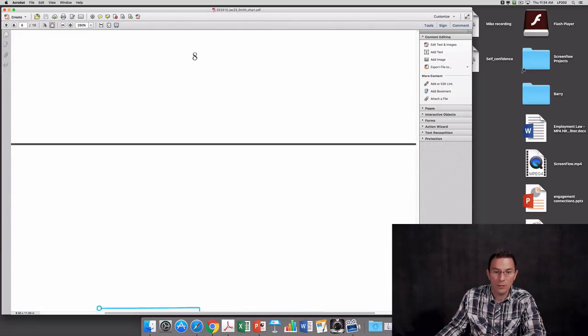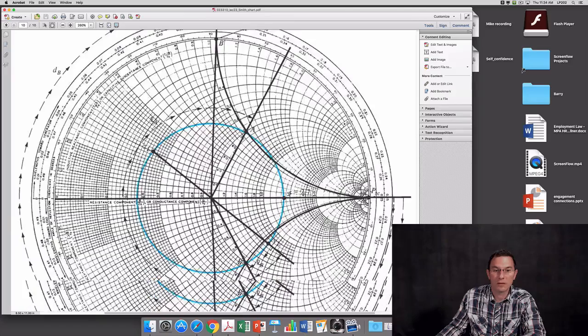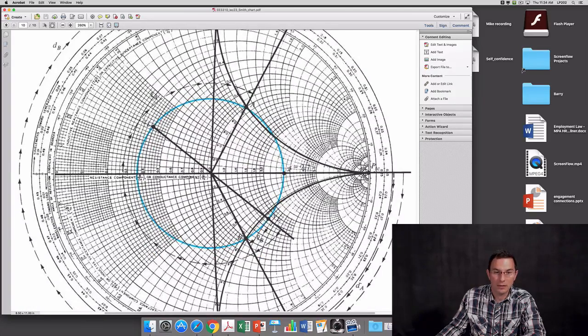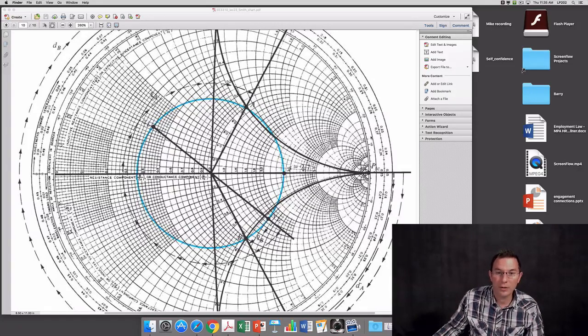Okay, back down here again. Where is the G equals 1 circle? It's the same as the R equals 1 circle right here, the one that passes through the center of the Smith chart. So that blue circle intersects this G equals 1 circle at that point.